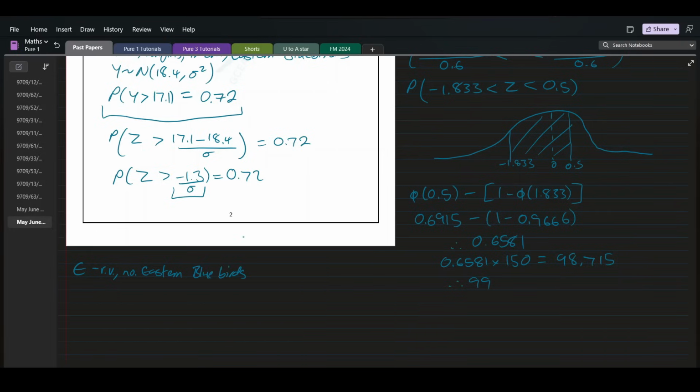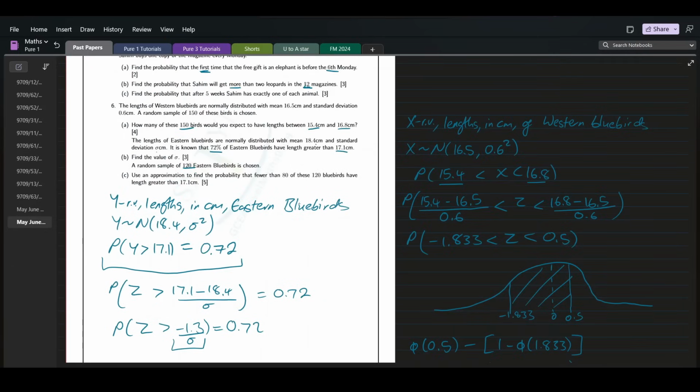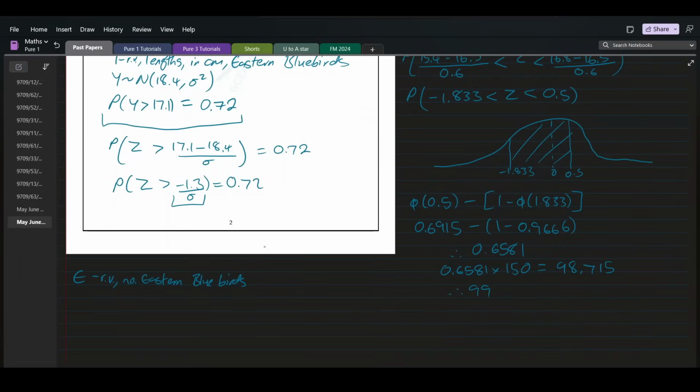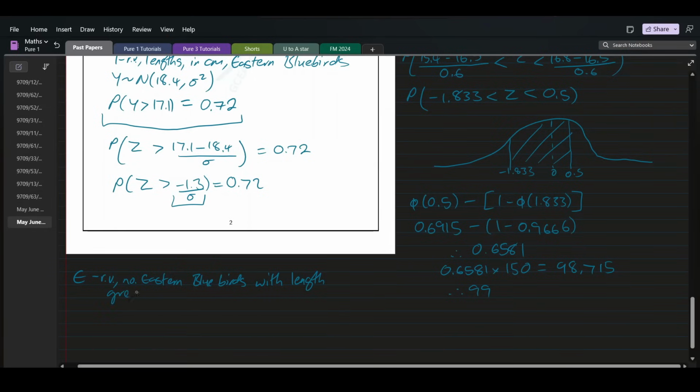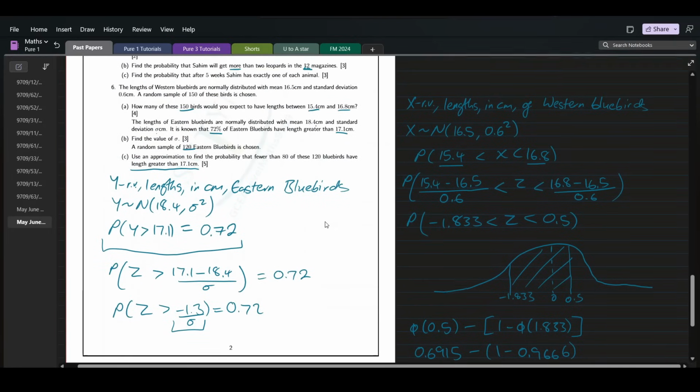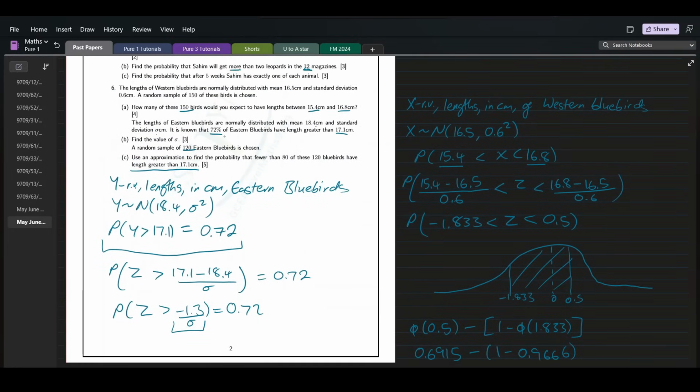And what are they saying about these birds? They are saying find the probability that fewer than 80 of these 120 bluebirds have length greater than 17.1 centimeters. So number of eastern bluebirds with length greater than 17.1 centimeters. We're already given the probability of an eastern bluebird having a length greater than 17.1.